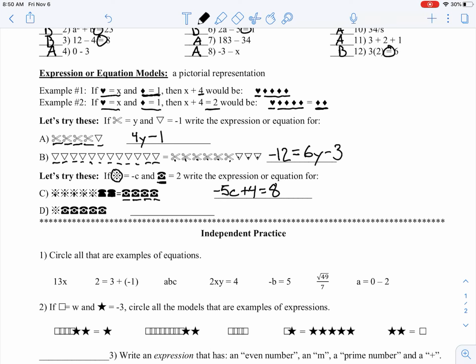That is equal to 8. And finally, our last expression to do, we've got one of these guys here, so that will be -c, because we just have 1. And then a telephone is 2, so we've got 2, 4, 6, 8, and 10. -c plus 10. No equal sign, so it's not an equation, so we just have our expression for it there.